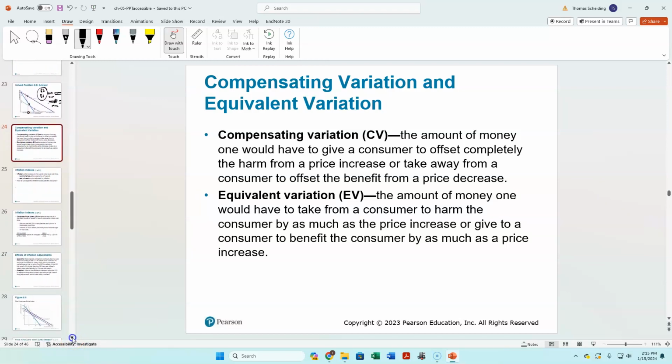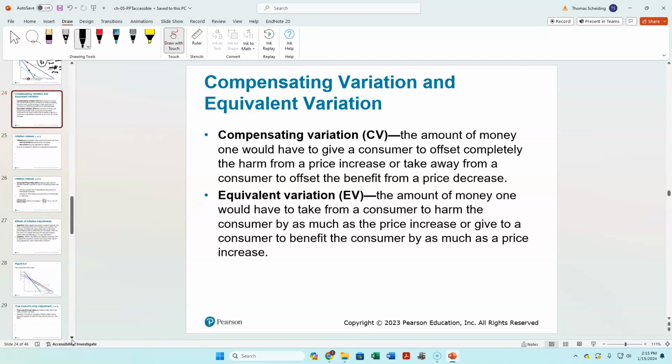Okay. So one of the things that also then becomes important, if we're talking about this from a managerial standpoint, is trying to calculate these compensating variations and these equivalent variations.